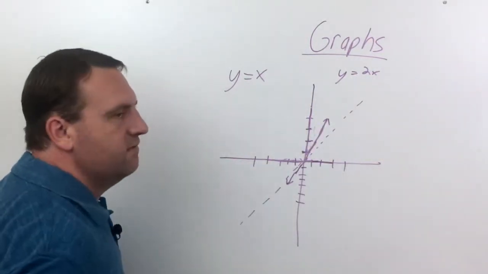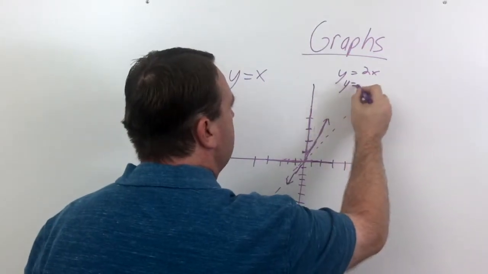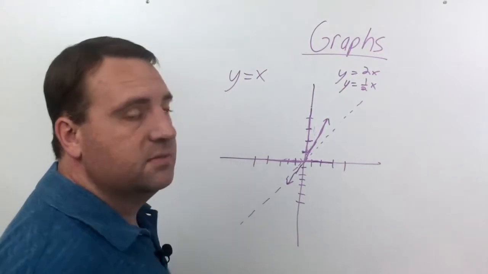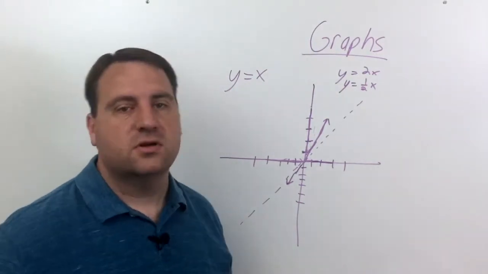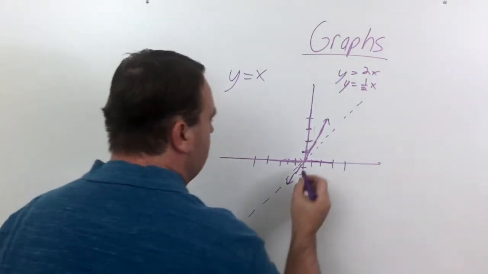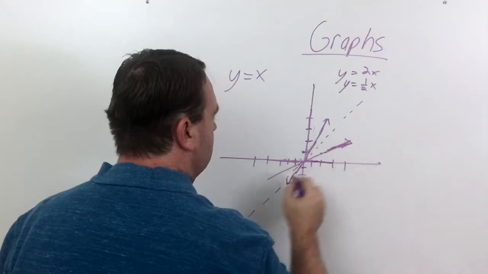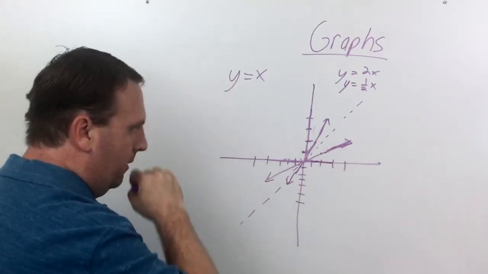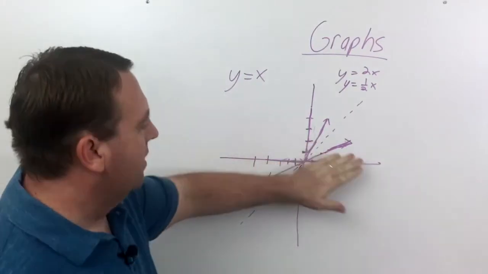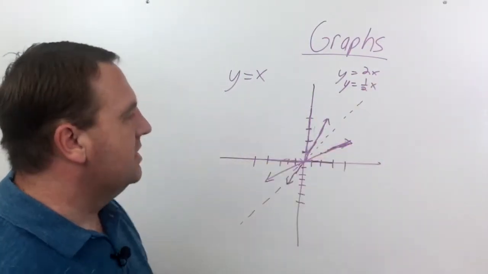Okay, so what is the inverse function of y equals 2x? Well, the inverse function is y equals 1/2 x. Because if I multiply something by 2 to get back the original number, I just half it. Okay, so that's going to be, but you can see that if I reflect this over that line, over this axis, then it becomes the inverse function.